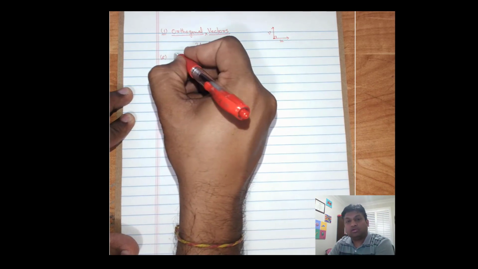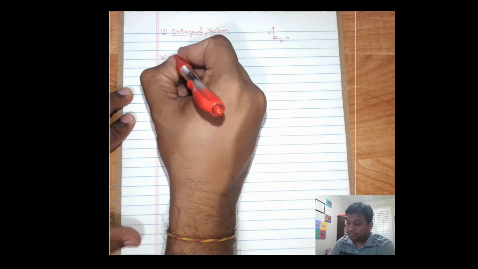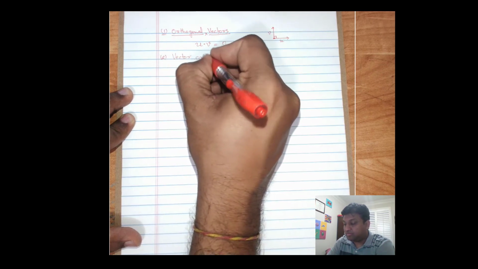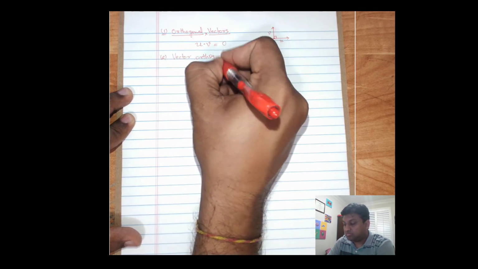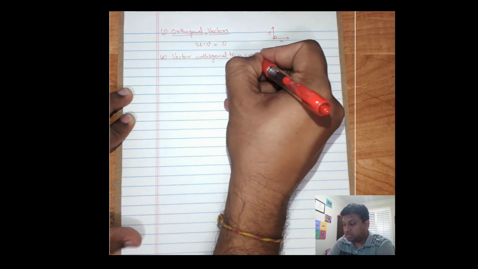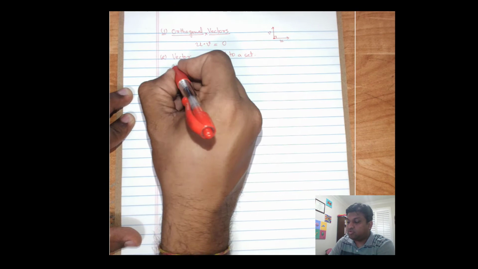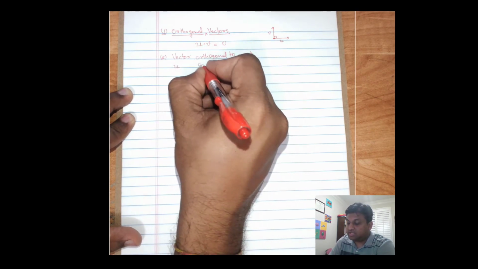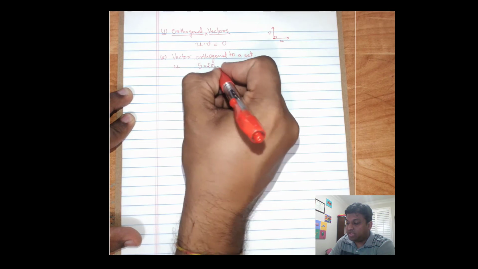Suppose I give you one vector u and a set of vectors, let's say S = {v1, v2, ..., vn}.